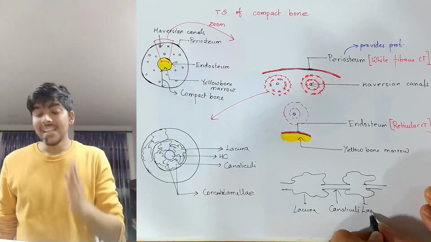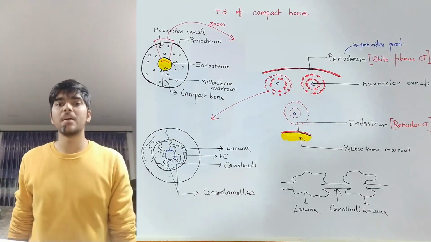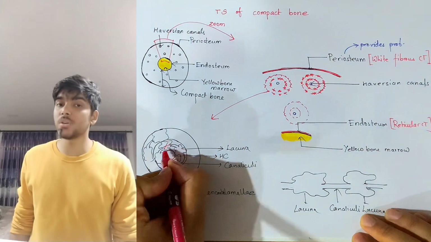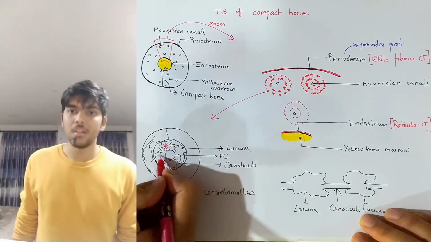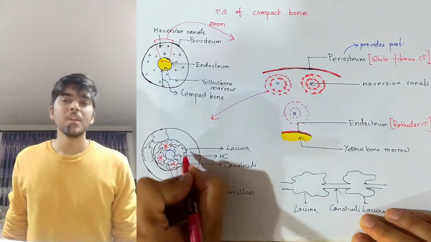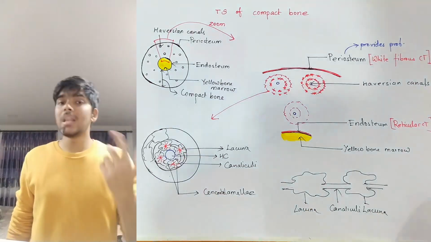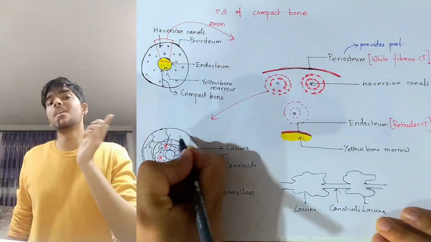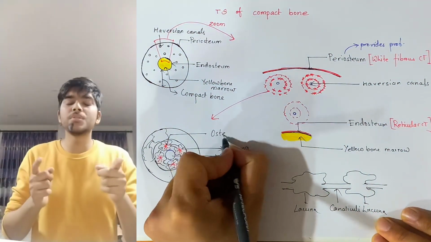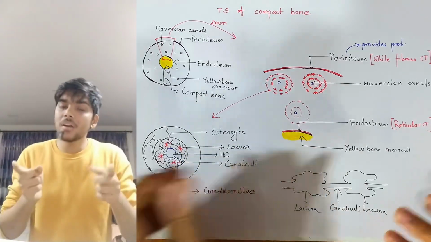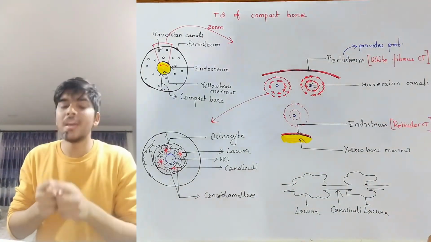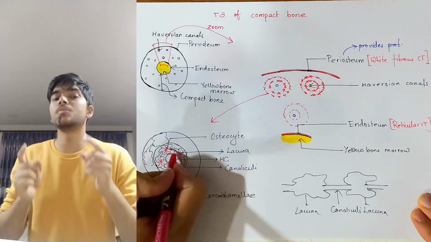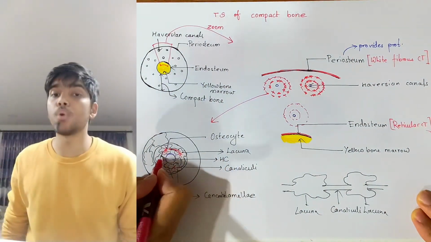Okay, now inside each lacuna there's the presence of osteocyte, which is a star-shaped cell, or the star-shaped bone cell. So there's osteocyte in one lacuna, there's one osteocyte in other lacuna. And these two osteocytes, the same way the lacuna are connected with each other with the help of canaliculi, these two osteocytes are also connected with each other with the help of protoplasm.